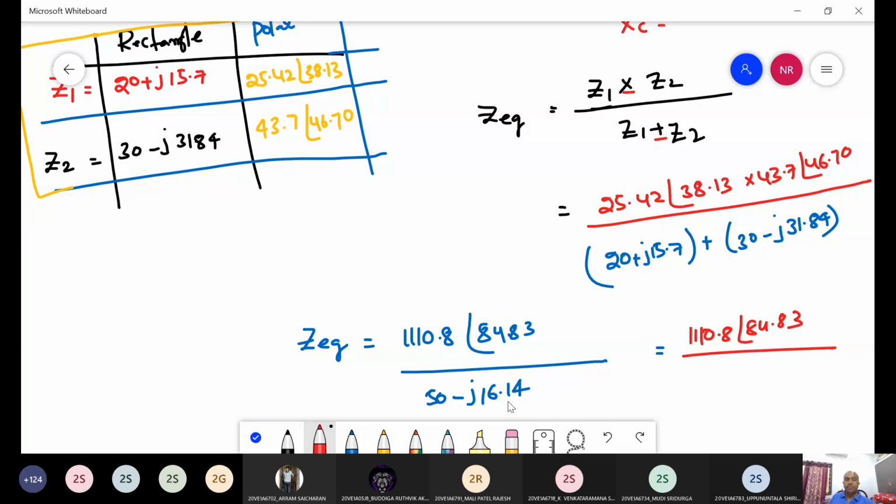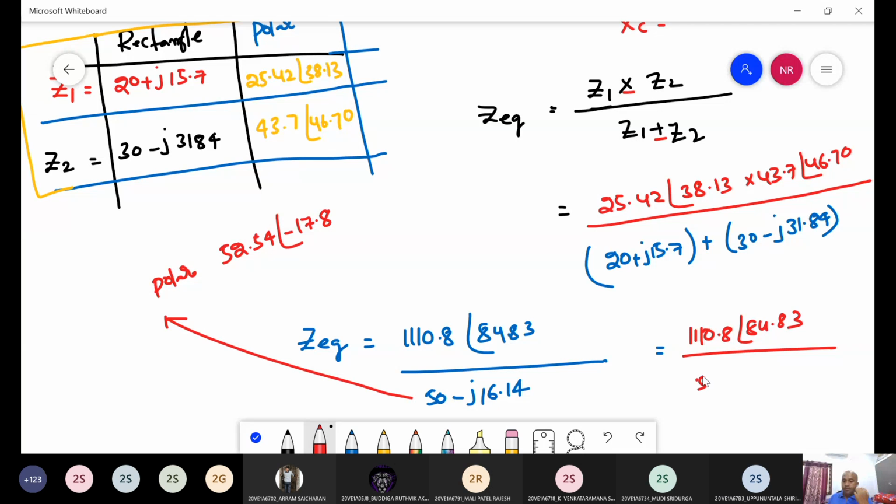It is in rectangular form, now convert it into polar form: R equals 52.54 angle minus 17.89.